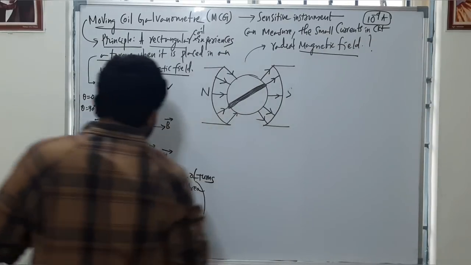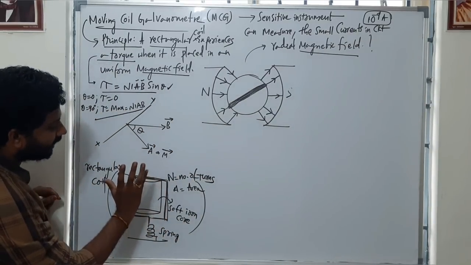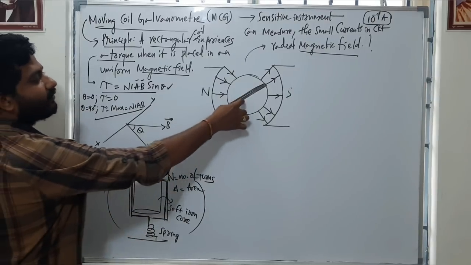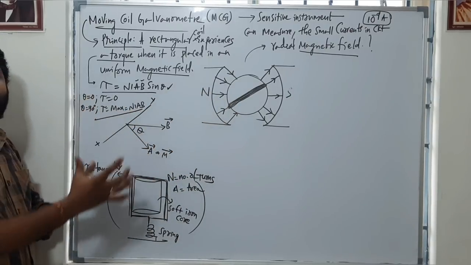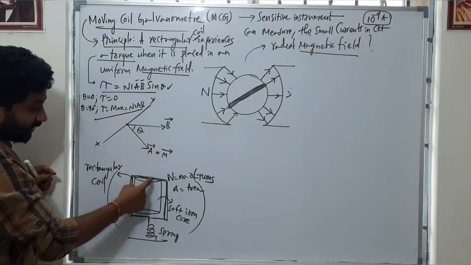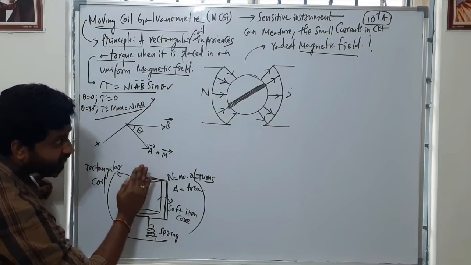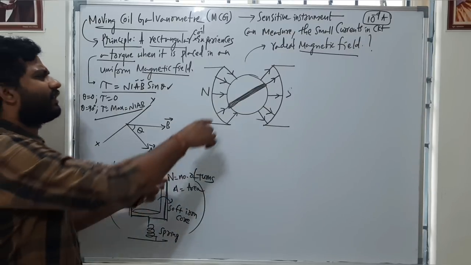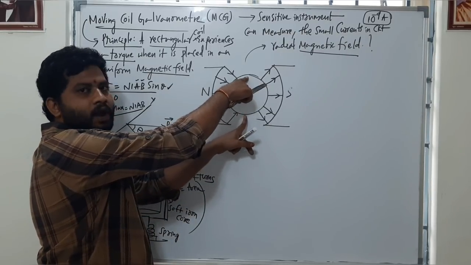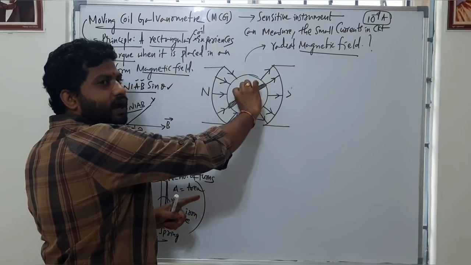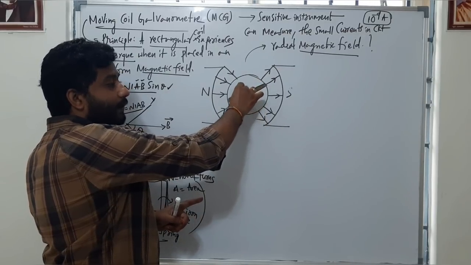When this rectangular coil rotates on this soft cylindrical iron core, the soft iron core is fixed and the rectangular frame rotates.